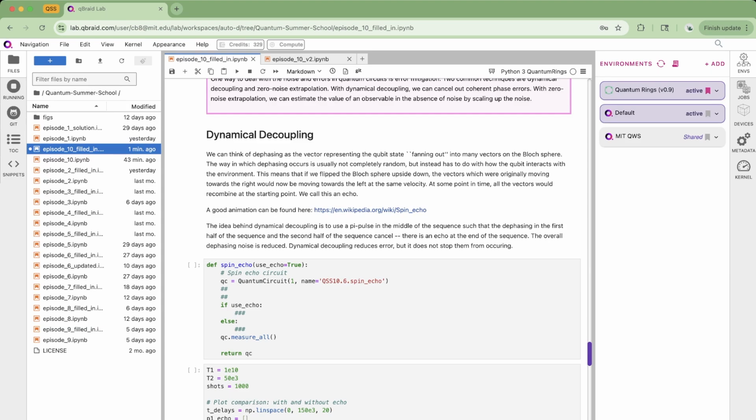So that means if, for instance, you have some vector that's moving this way at some speed, and all of a sudden we flip the Bloch sphere upside down, it'd be moving in the opposite direction as it was before at the same velocity. So at some point in time, you would expect that all the vectors again recombine at the starting point before there was any dephasing. And we call this an echo.